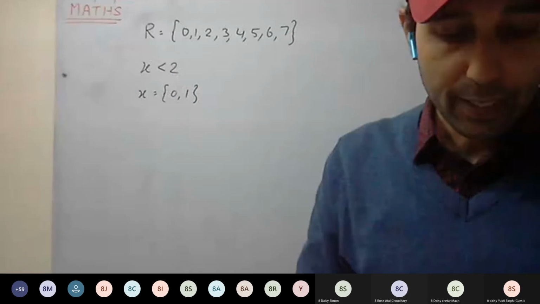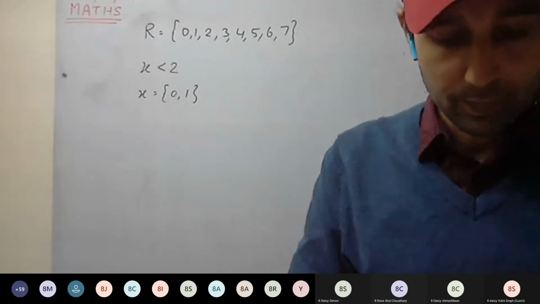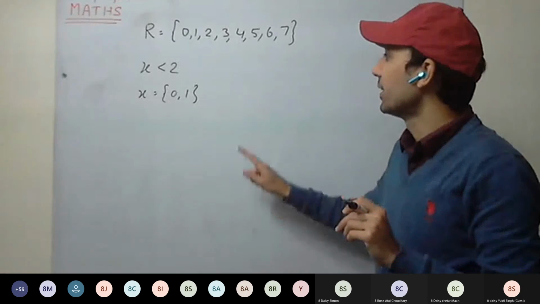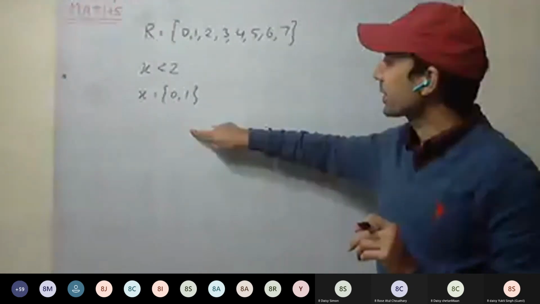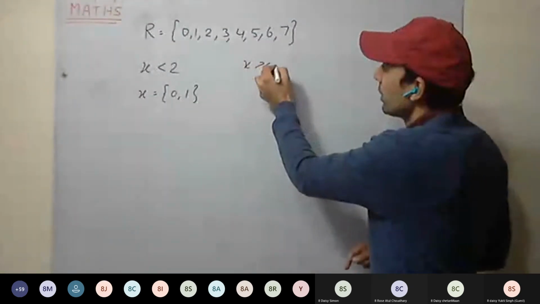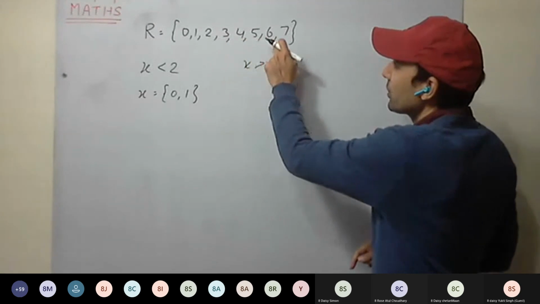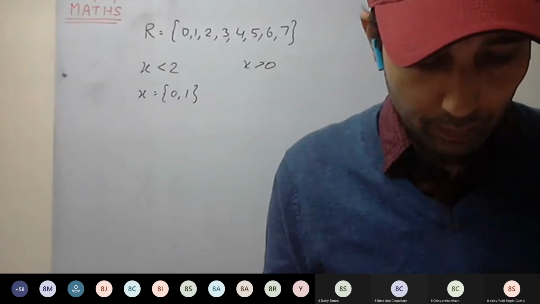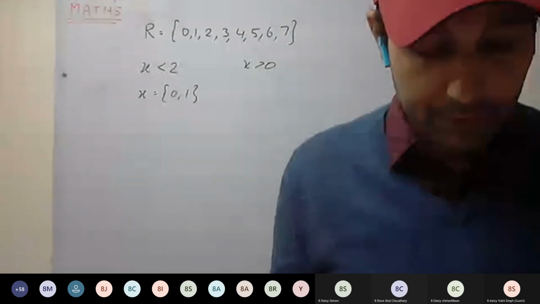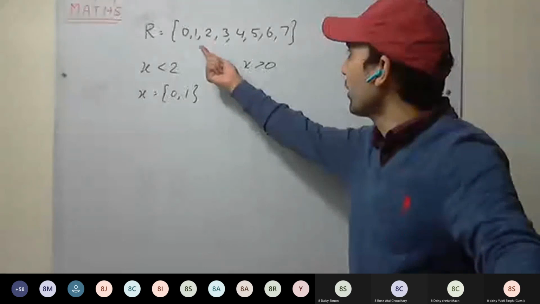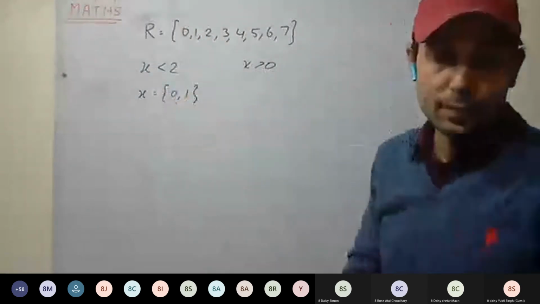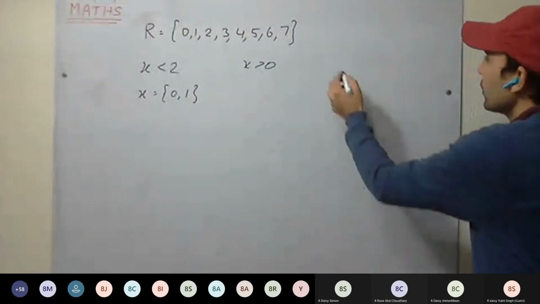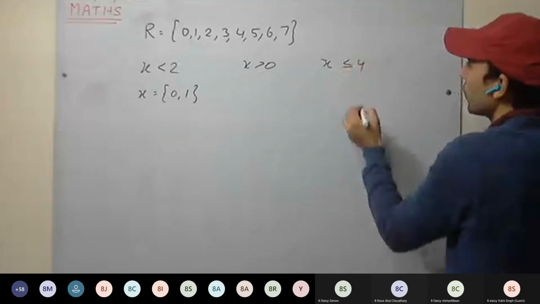Now second, x is greater than 0. What all values will it take? It will take all the values except 0: 1, 2, 3, 4, 5, 6, 7. Next, x is less than or equal to 4.